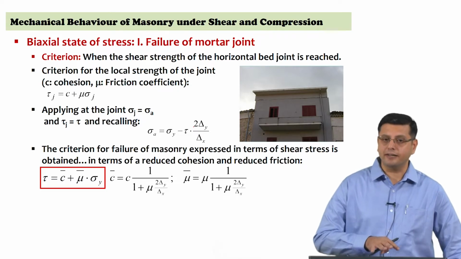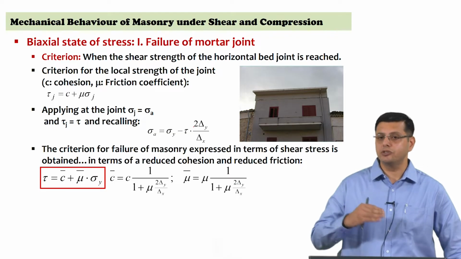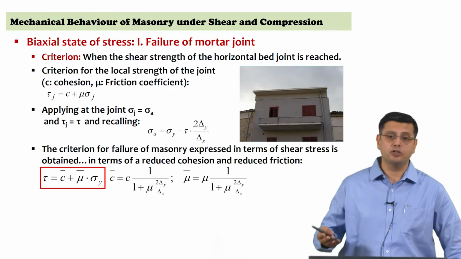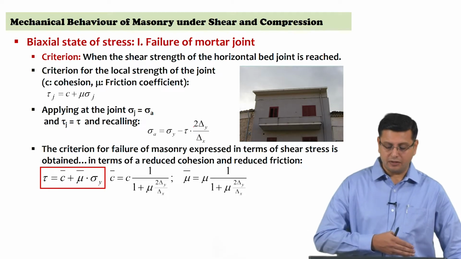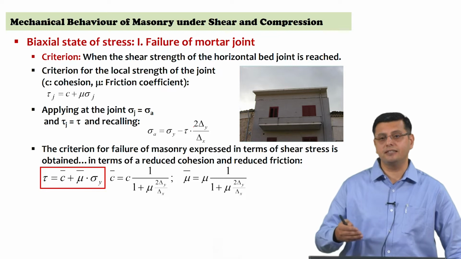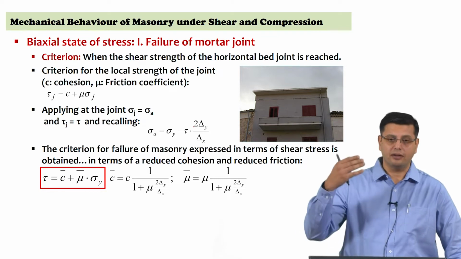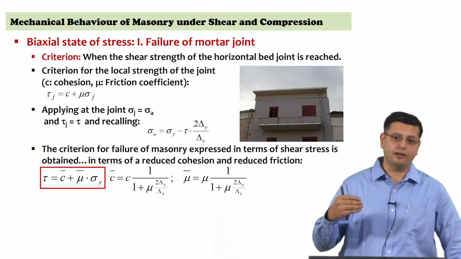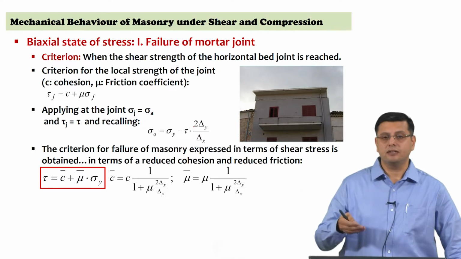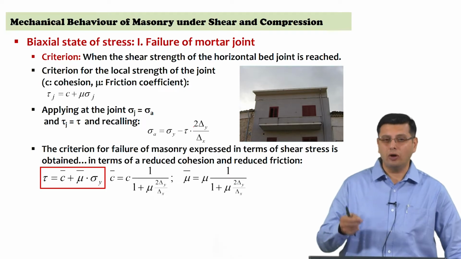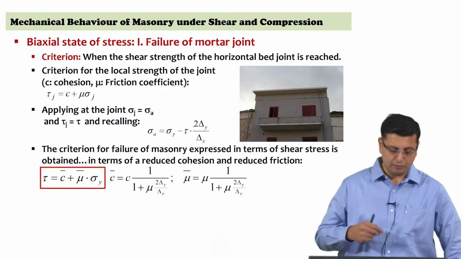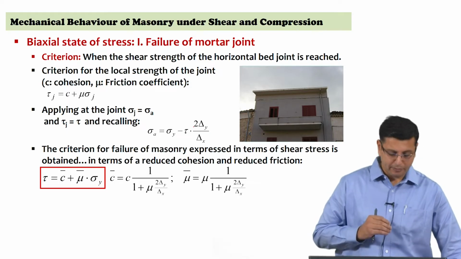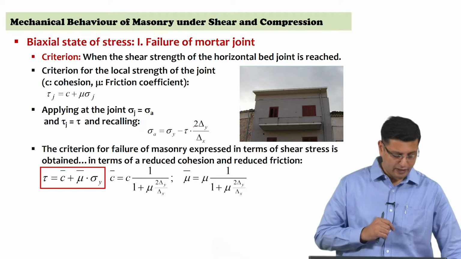As I said, this is expected to occur when the level of precompression is low. So, if it is a single storied structure, and if the aspect ratio of the wall is such that the horizontal bed joint shear strength criterion is going to be reached, or if it is a wall in the uppermost story where the precompression levels are low, and the bed joint shear strength, the bond strength, is not good relative to the other mechanical parameters of the masonry, you can have this failure criterion.